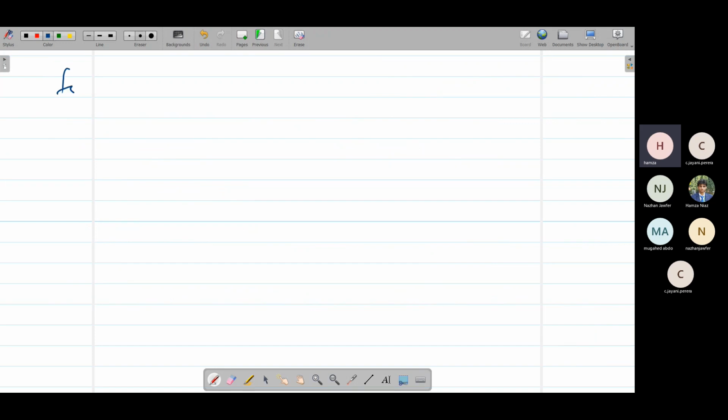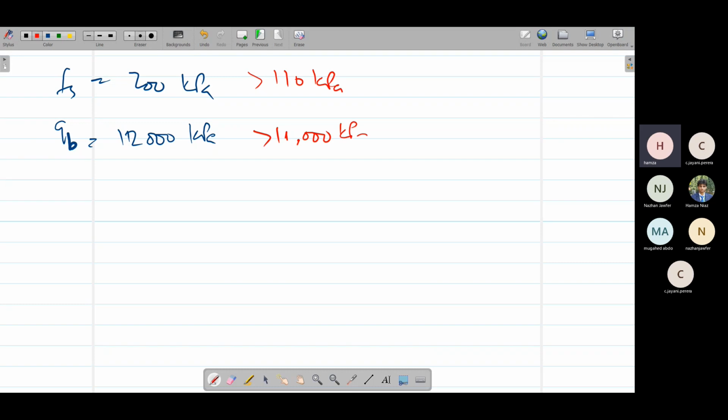So we have Fs as 200 kPa and QB as 12,000 kPa. Remember the limits: Fs is limited to 110 kPa and QB is limited to 11 megapascal or 11,000 kilopascal. So we are going to use Fs as 110 and QB as 11,000 for sandy strata.